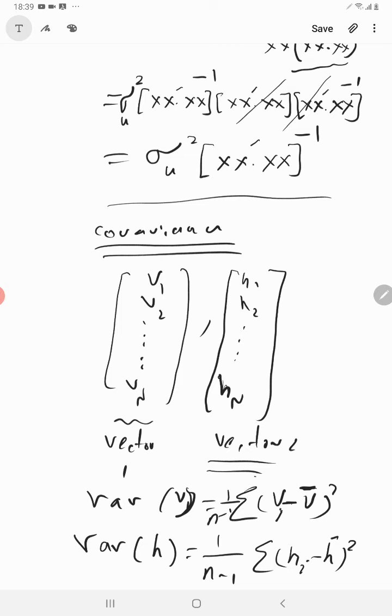Now, if we multiply it by the matrix itself, transpose times the matrix, you'll get a 2 by 2 matrix.